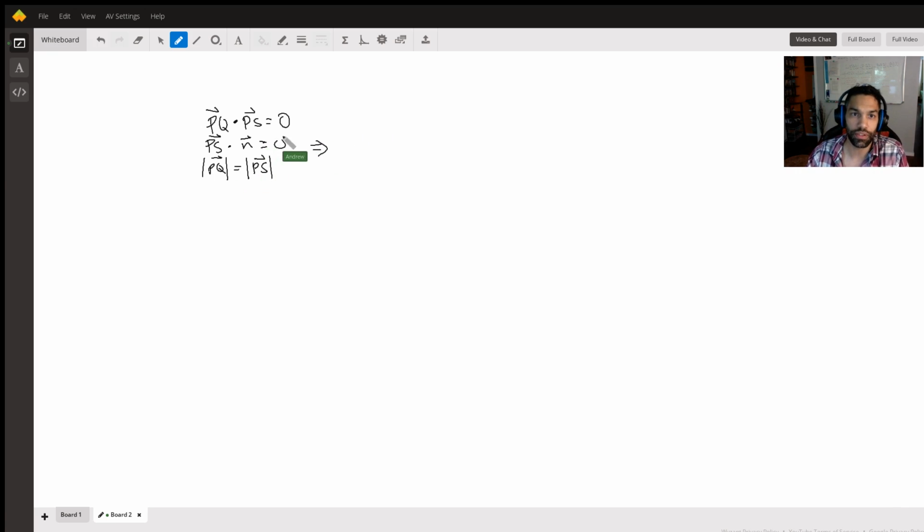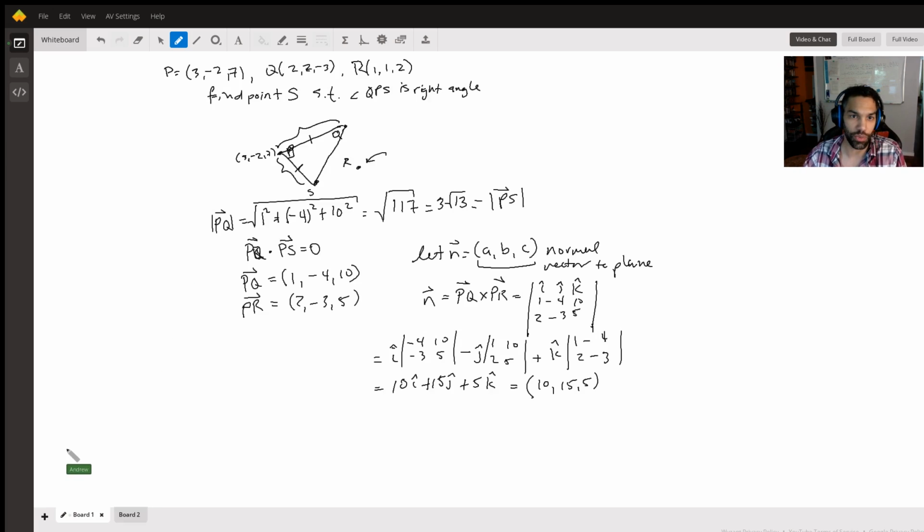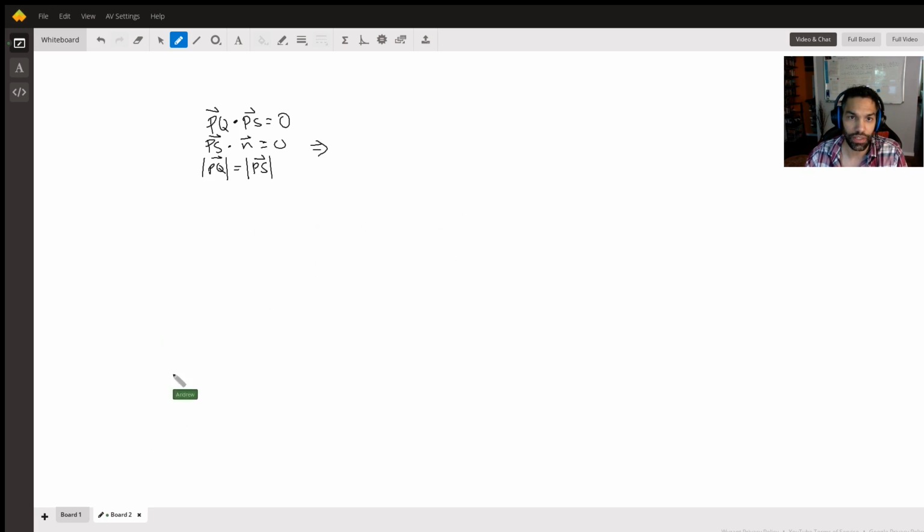If we go back here, we've already figured out this PQ equal to PS thing because we already have a value for that, so that's fantastic. Now we can just focus on a couple other things. For instance, in this case, if we're looking at PQ dot PS equals 0, let's call this point S, x, y, z, which means that the vector PS is going to equal the difference between them.